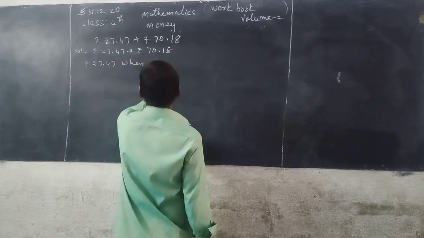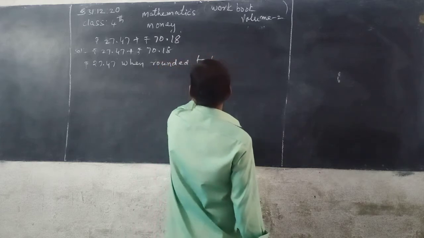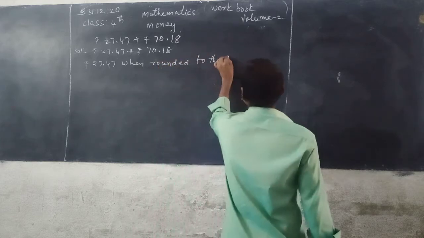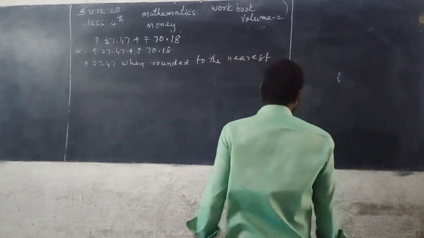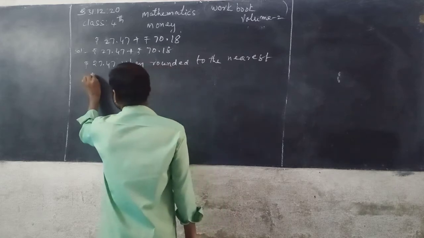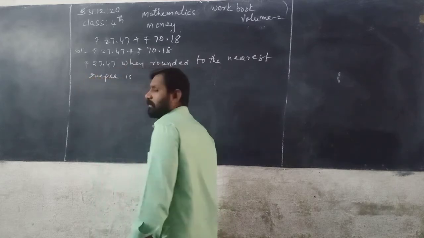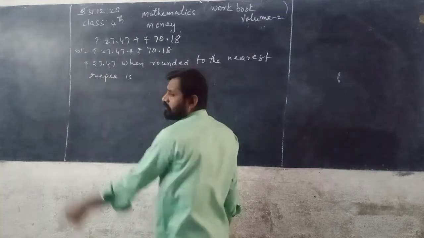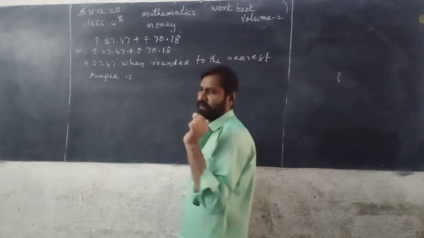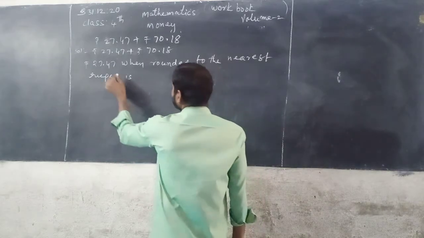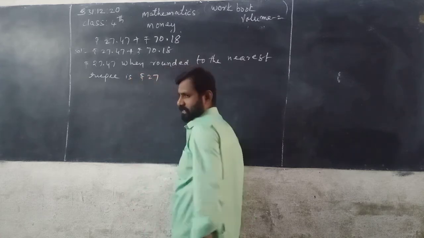When rounded to the nearest rupee, see here, 47 paise is less than 50 paise. So 47 paise is nearer to 0 rupee. Then 0 rupee plus 27 rupees can be written as 27 rupees.